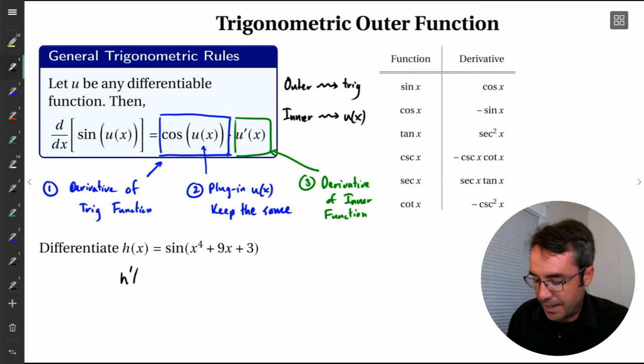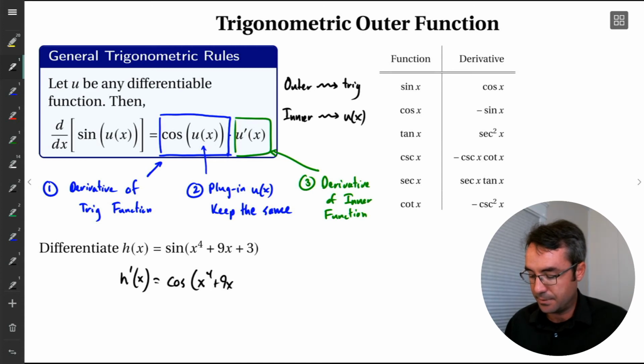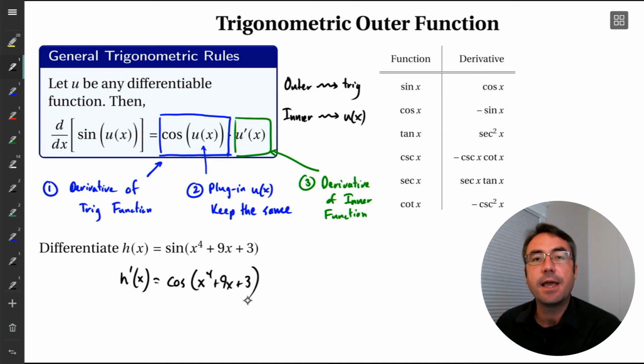We're going to calculate h prime, the derivative. So we start by differentiating sine. The derivative of sine, if we don't remember, is cosine. We keep everything inside the parentheses exactly the same. So that's our inner function plugged in again, unchanged. And then we take that result and we multiply by the derivative of the inner function.